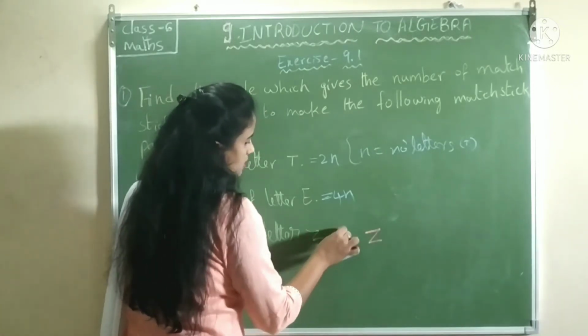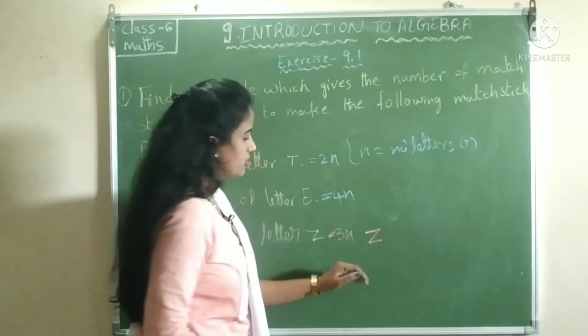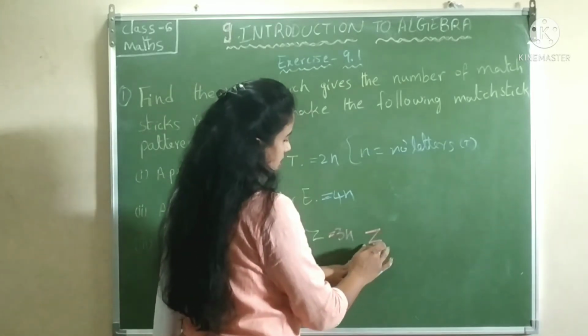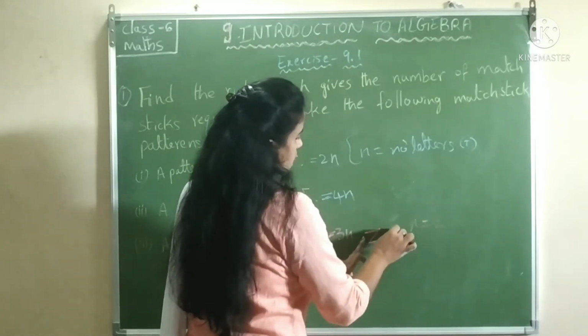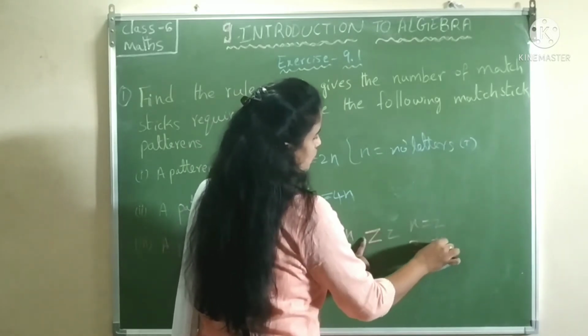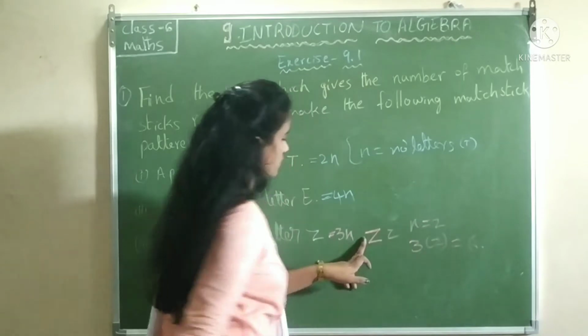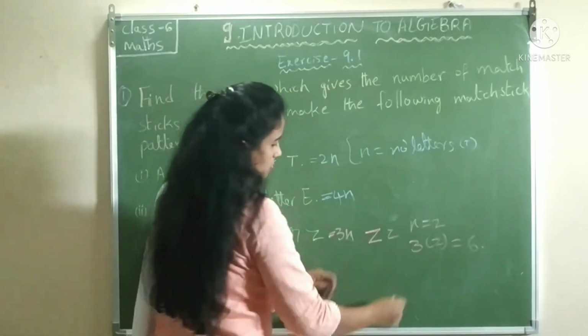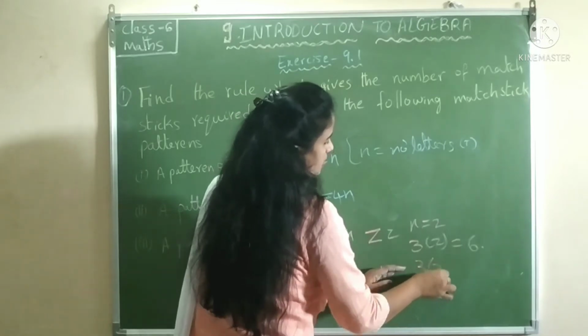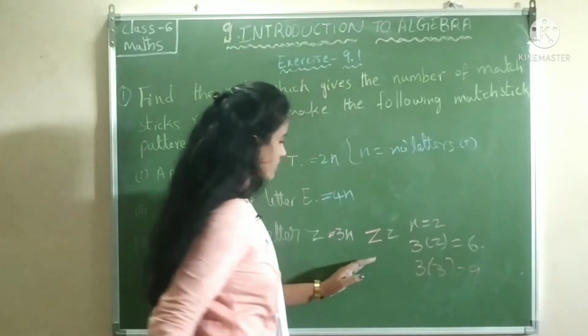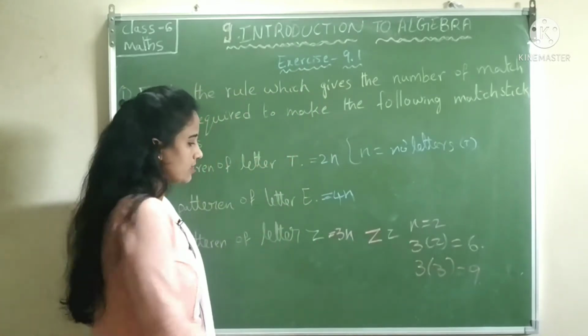So the rule is 3n. Here n is equal to the number of letters Z. Suppose we take 2 Z's, then 3 times 2 is 6. 6 matchsticks are required. Suppose n is equal to 3, 3 into 3, 9 matchsticks are required for letter Z.